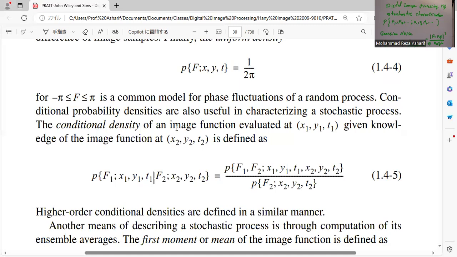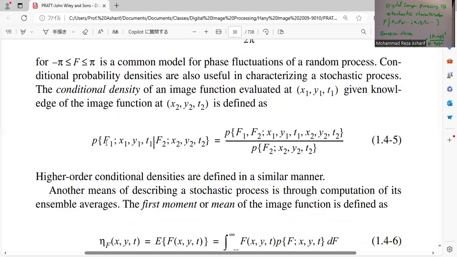Conditional density of an image function value of x1, y1, and t1 with the given point, for instance, one pixel is x1, y1, another pixel is x2, y2. So the conditional probability of f1 given f2 is the joint probability of f1 and f2 divided by the probability of f2.